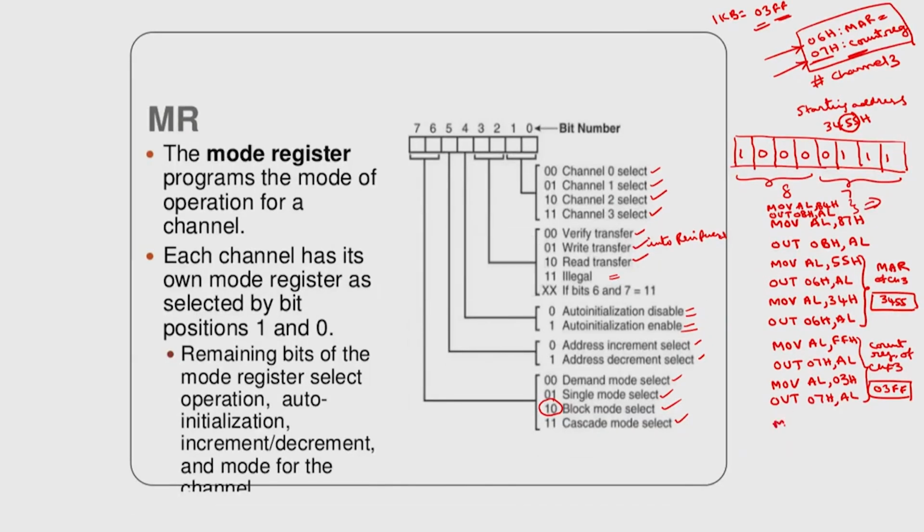So, move AL comma 80H, out 08H comma AL. This 08H is the address of the command register. So, I have now enabled the DMA. Then the 1 kilobyte will be transferred. After that, the terminal count will be reached and it will stop the process. This is about the programming of 8237.